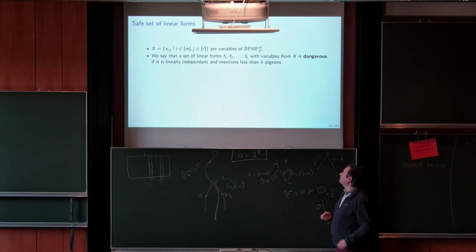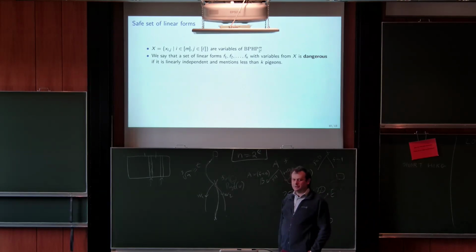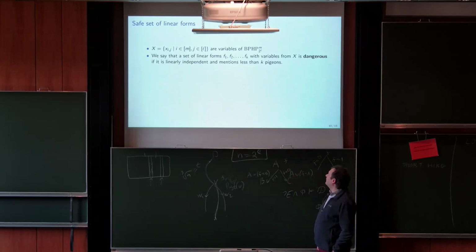We have a set of linear forms in the variables of the pigeonhole principle, and we say that this set of linear forms is dangerous if its dimension is more than the number of mentioned pigeons.